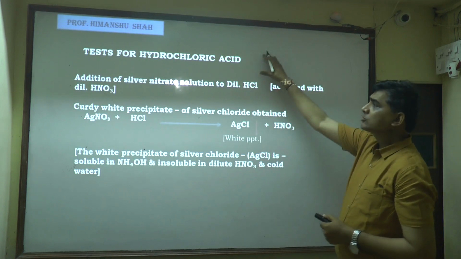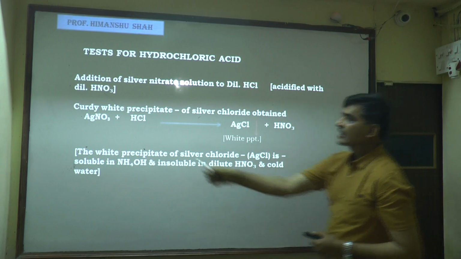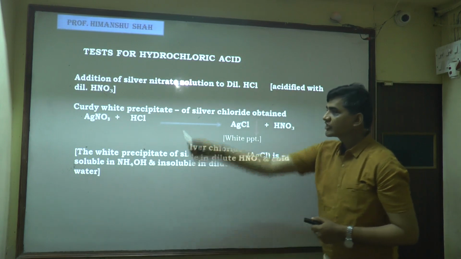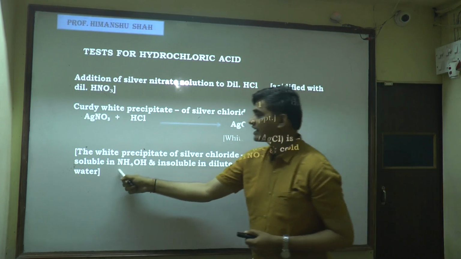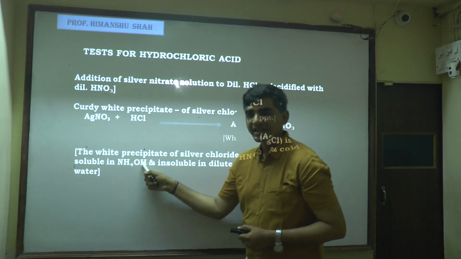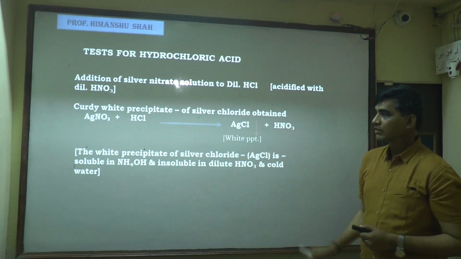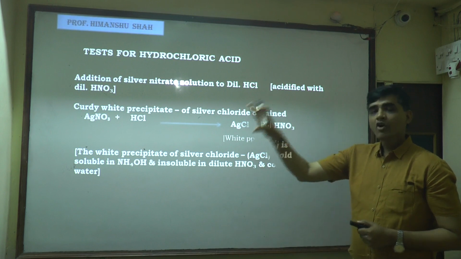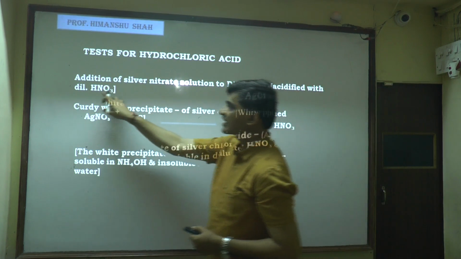Now, how will you check that the given acid is hydrochloric acid only? Add AgNO3, which when treated with HCl gives a white precipitate, which is soluble in NH4OH only. It is insoluble in dilute HNO3 and cold water. Once you get a white precipitate, it is hydrochloric acid only, because this distinguishes between HCl and HNO3.